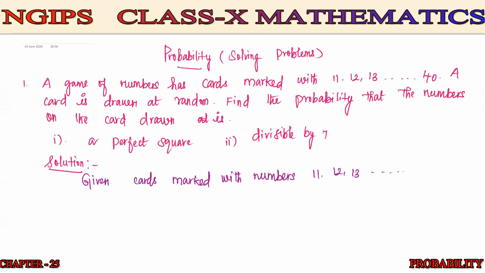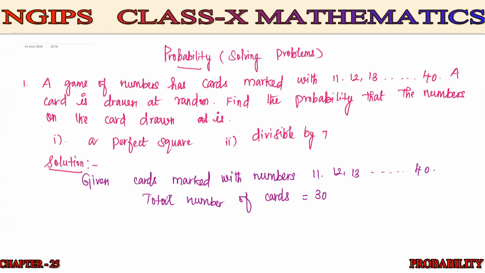Now the total number of cards is equal to, from 11 to till 40, if we count the numbers we will get here 30 numbers.